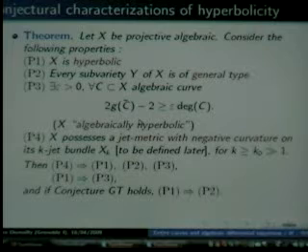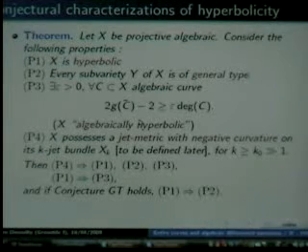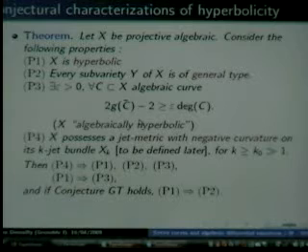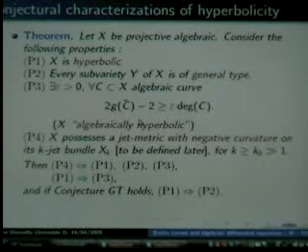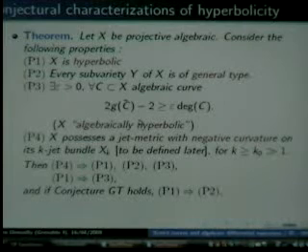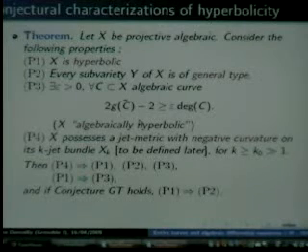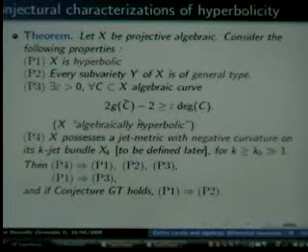So you pick C, a curve in X, which might be singular. You consider its desingularization C bar, what people call the normalization, and you look at the Euler characteristic of the desingularization, so 2g(C bar) minus 2.